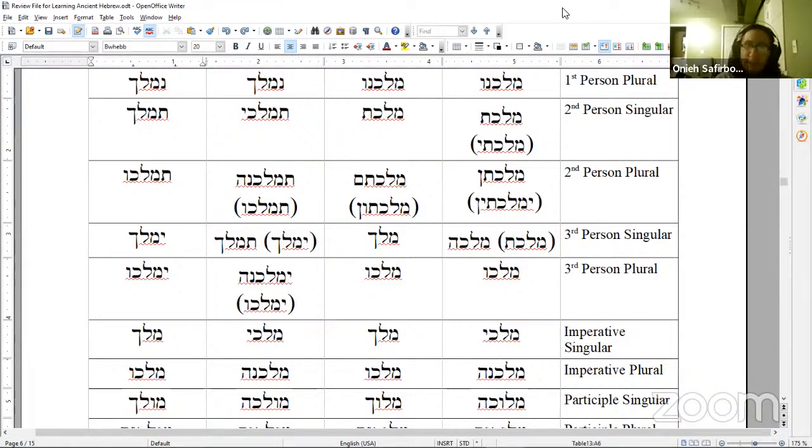Let me quickly double check the form in Hebrew, biblical Hebrew, because I don't want to have the wrong form in our file. We will check the Hebrew for Christians form. See what we got here.